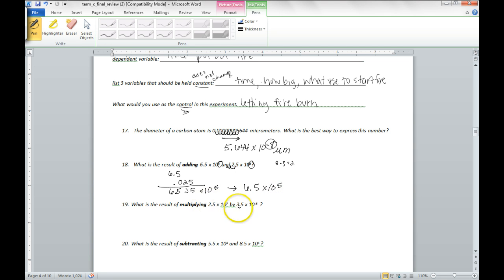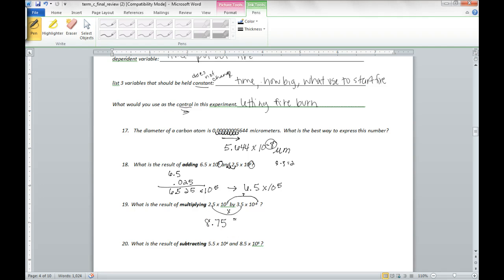Now what about multiplying? Multiplying is a little bit easier because all we have to do is multiply the numbers and add the exponents. So 2.5 times 3.5 equals 8.75, and we can go ahead and add those exponents.